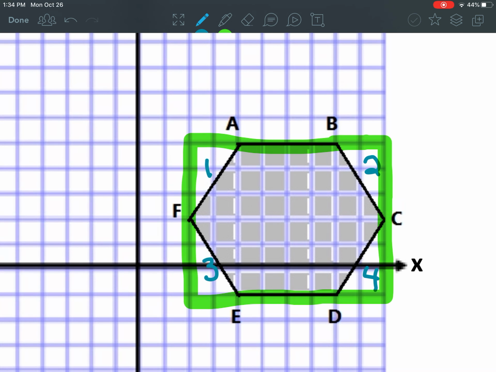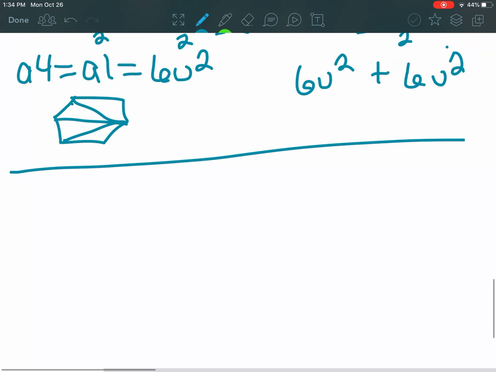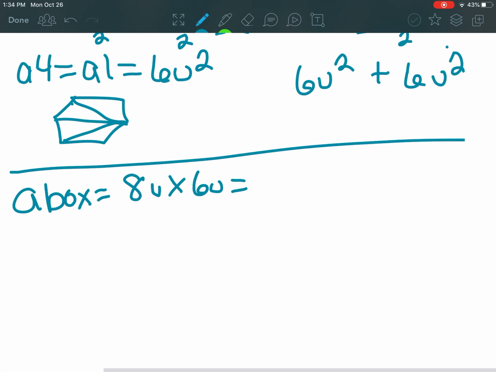So our whole box is 1, 2, 3, 4, 5, 6, 7, 8 by 1, 2, 3, 4, 5, 6. So the area of the box is 8 units by 6 units, which is 48 units squared.